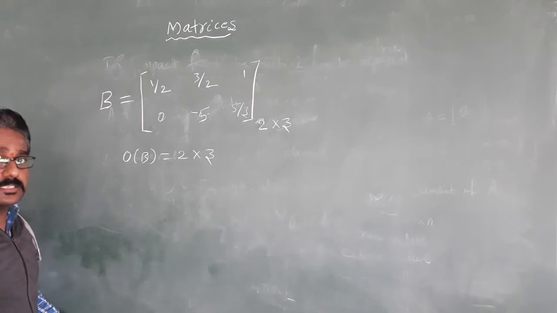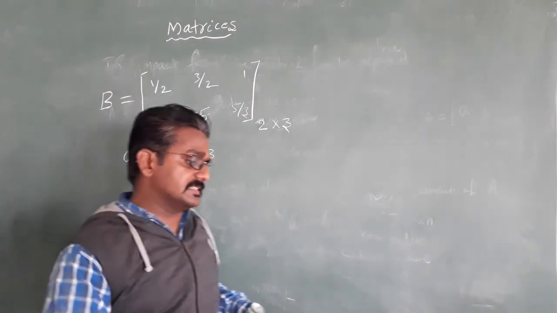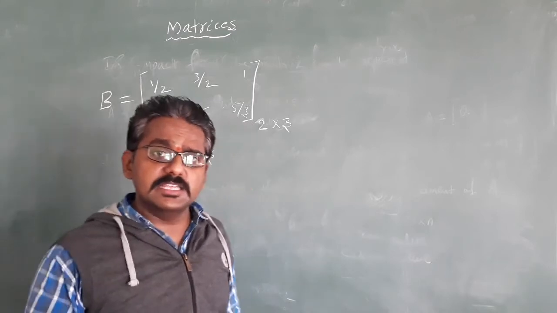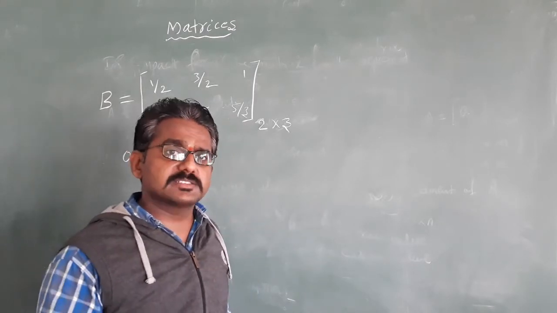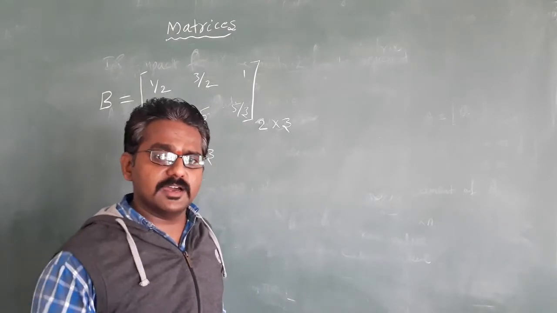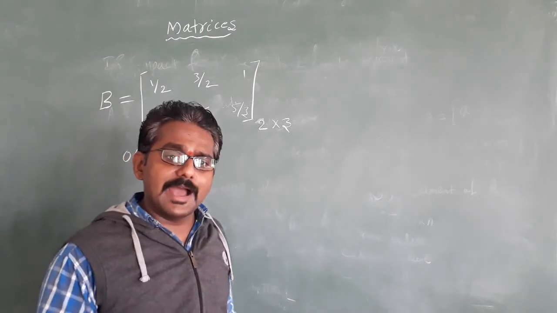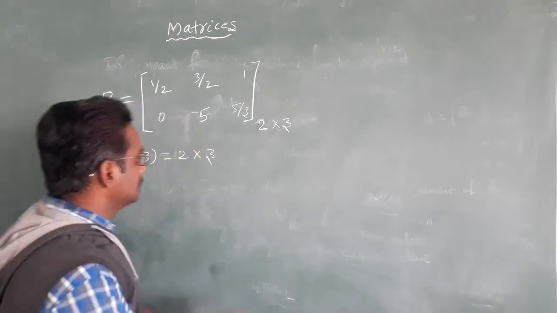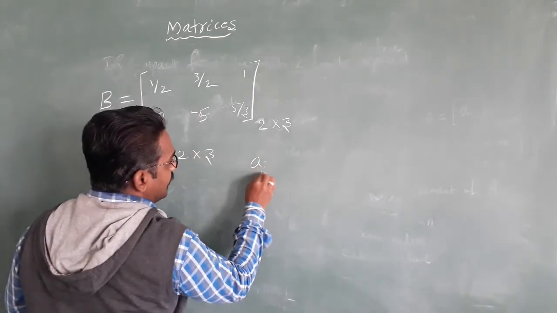Okay. Just before, I mentioned the general representation of the matrix, and I also said that each element must be located or positioned by an ith row and a jth column: aij.